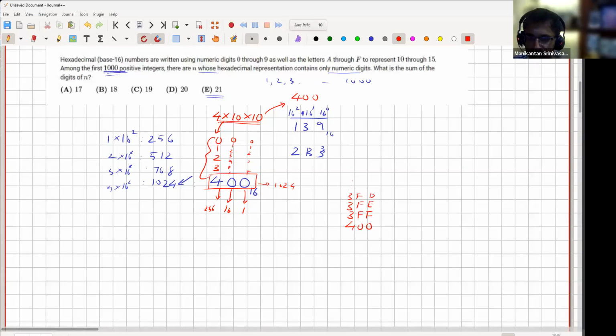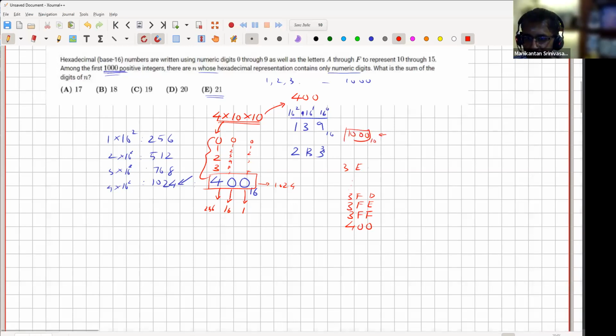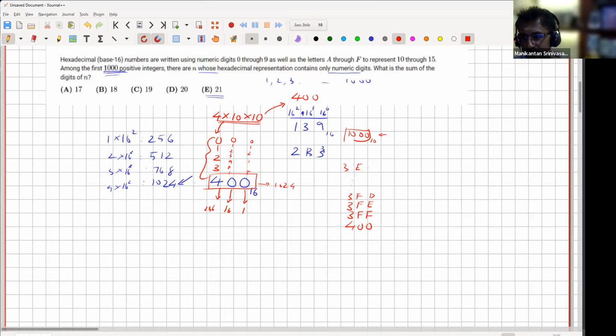And it'll take some 16 numbers for the F to move to E. So we can be rest assured, the number 1000 in decimal will definitely have some E or D in it. No problem there at all. So we might as well count as if the problem is still 1024.